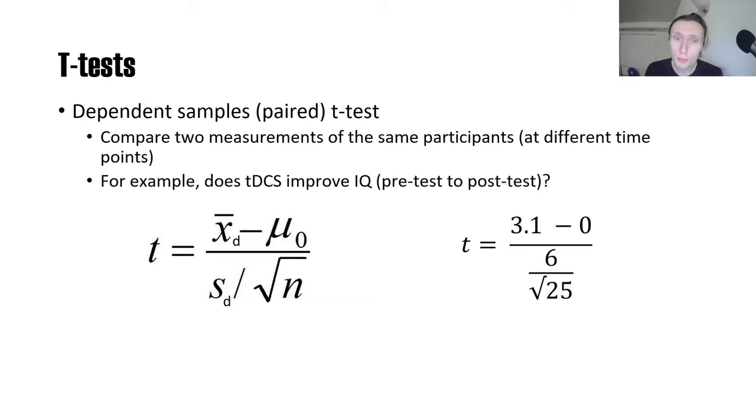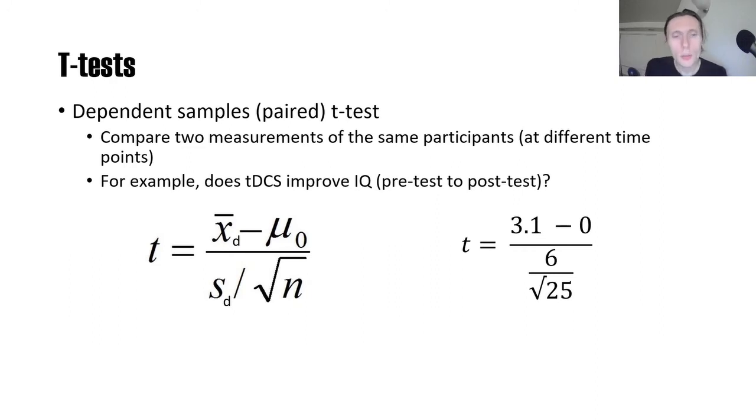You do that for all of them, and then you just take the average again, the average of those difference scores. That's then basically what you plug into your formula. In this example, I just again made up some numbers, and let's say that the average difference score is 3.1. Which means that on average participants scored 3.1 IQ points higher after the intervention than before.